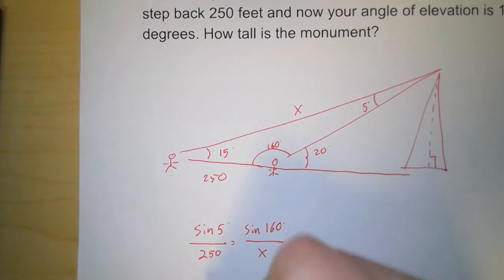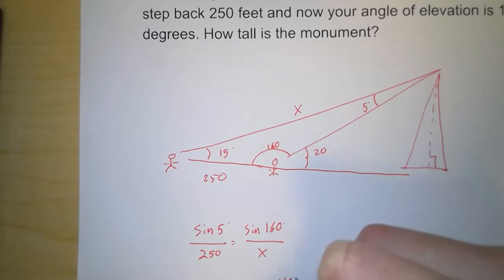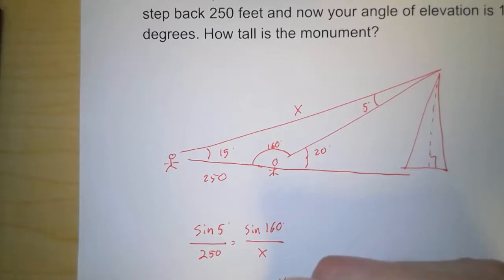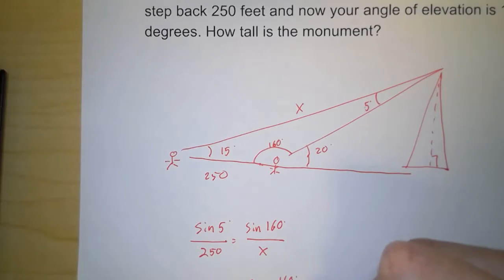So when we cross multiply, x is going to equal 250 sine of 160 degrees all over sine of 5 degrees. Now, we're going to need an approximate because we're going to use that answer to then find the height. So 250 sine of 160 divided by sine of 5. And so that is approximately 981.060.